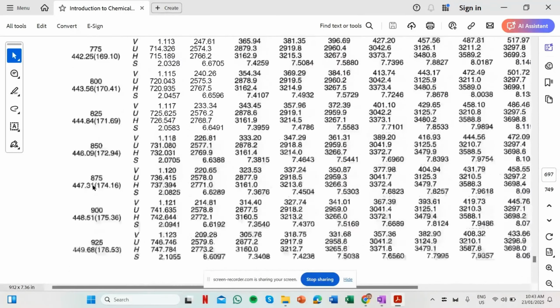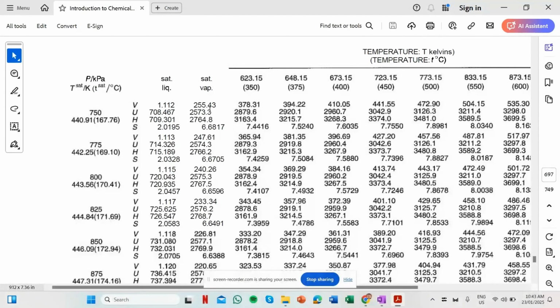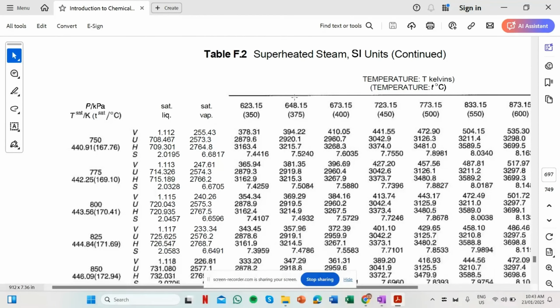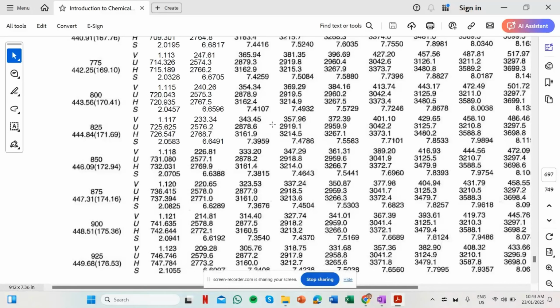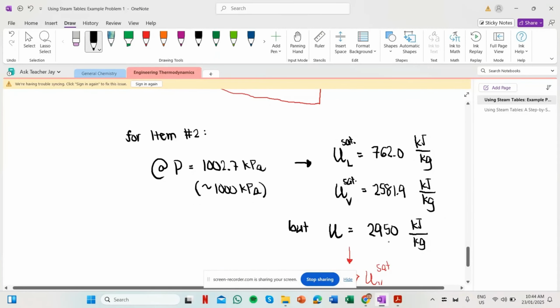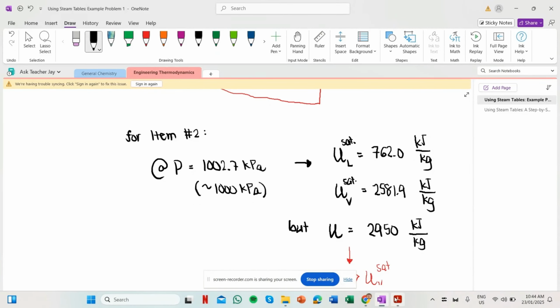And we need to know what our temperature is. For this one, I don't have the reading for the temperature data, but I know the value of the internal energy, because again the unknown is the temperature. So we need to know where the value of 2950 is located.